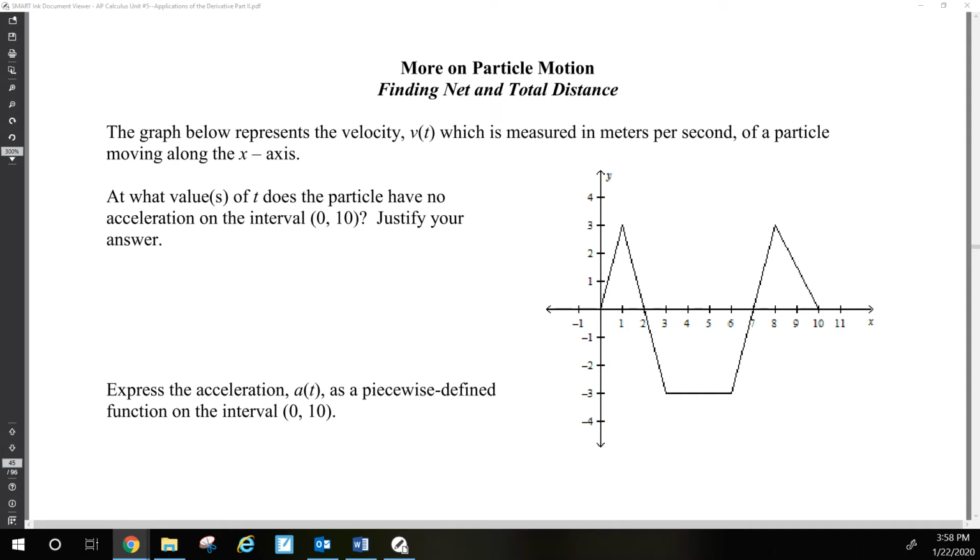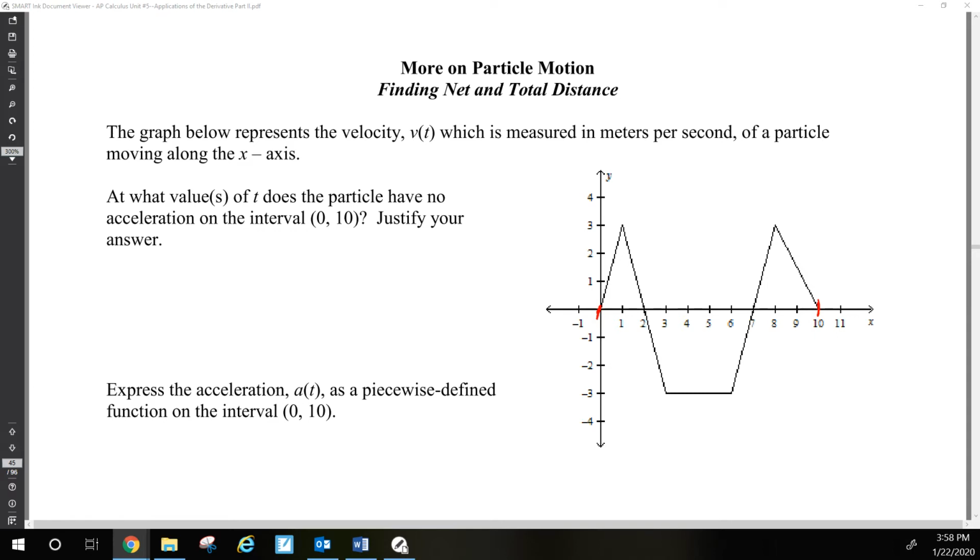At what values of t does the particle have no acceleration on the interval from 0 to 10? So between 0 and 10, when is my acceleration 0? My acceleration is going to be undefined when my derivative of my velocity graph is not differentiable.